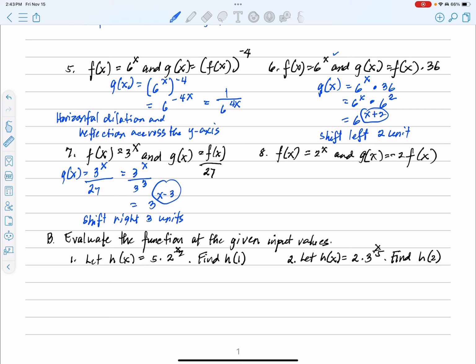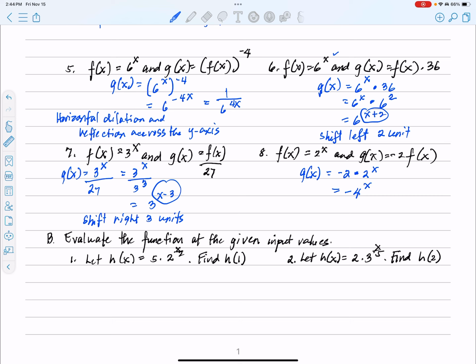Let's have number 8. f of x equals 2 to the power of x, and g of x is negative 2 times f of x. So g of x is negative 2 times f of x, which is 2 to the power of x. So negative 2 times 2 to the power of x.